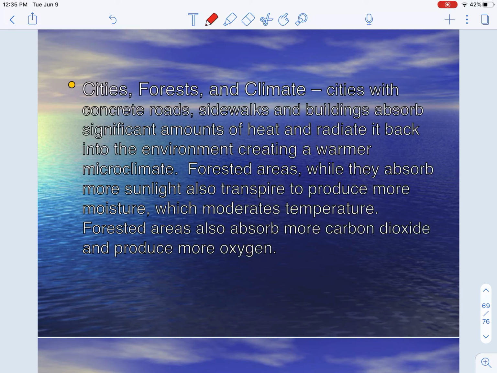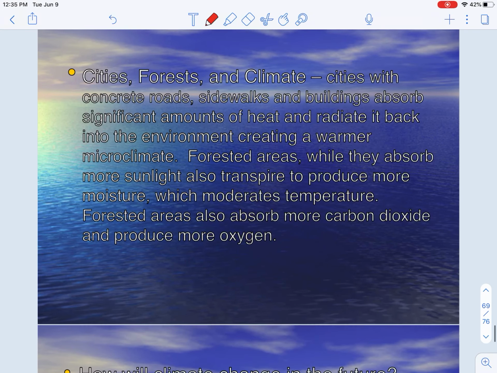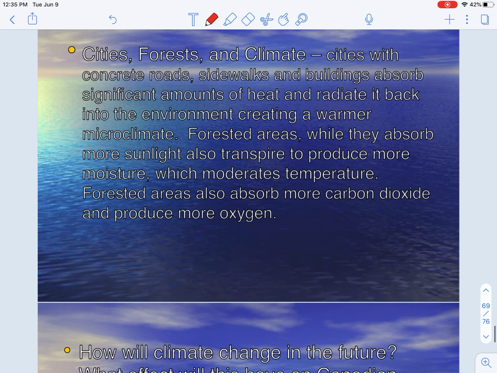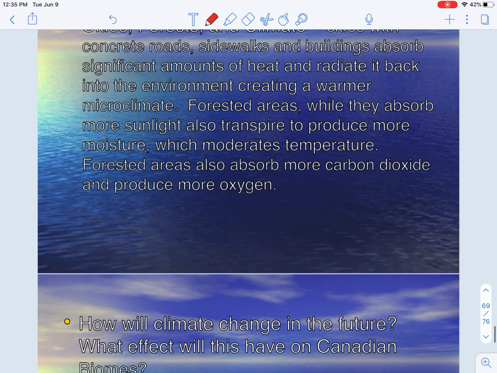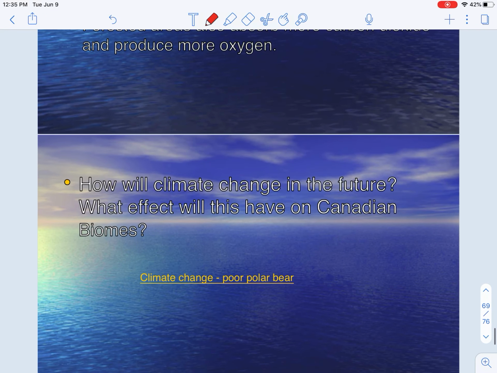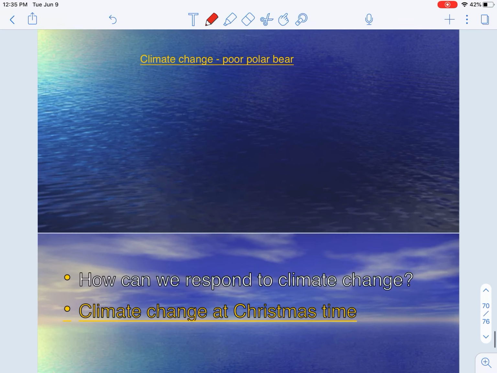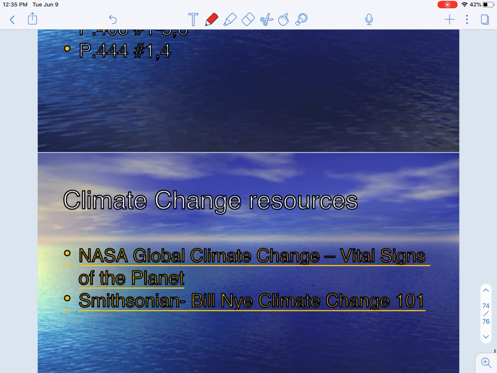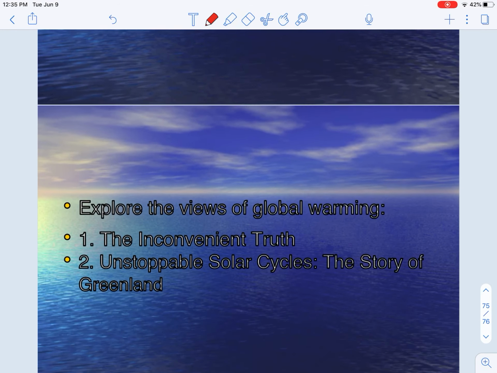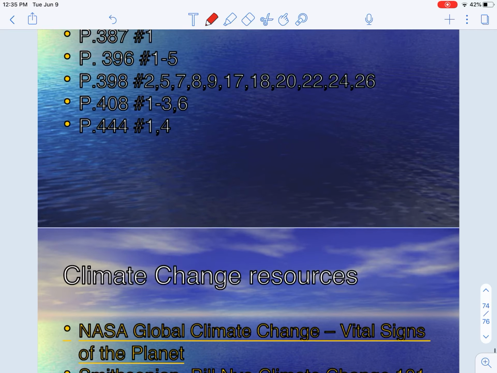Cities and forests with concrete and sidewalk blocks and buildings, they can also absorb a lot of heat, and even though forests do that, they also have that transpiration happening, whereas cities just absorb it and radiate it back, really with a higher temperature resulting compared to the forests.